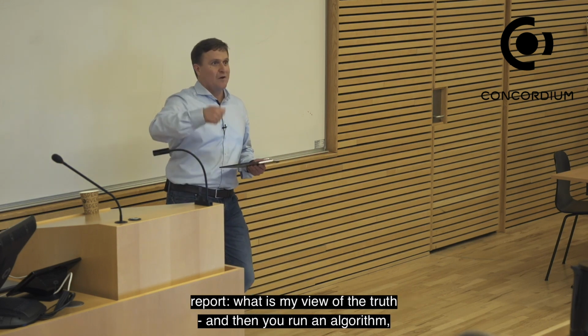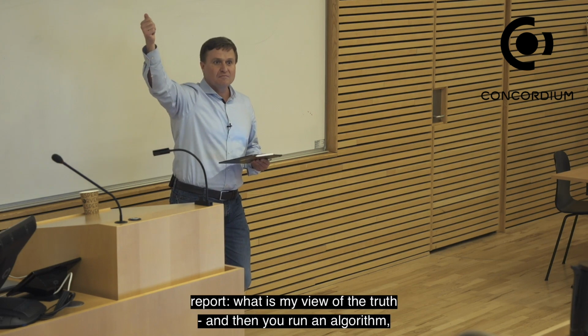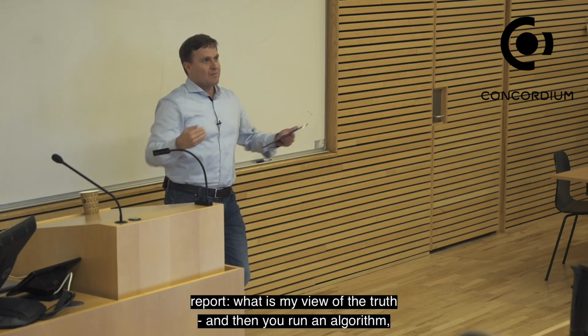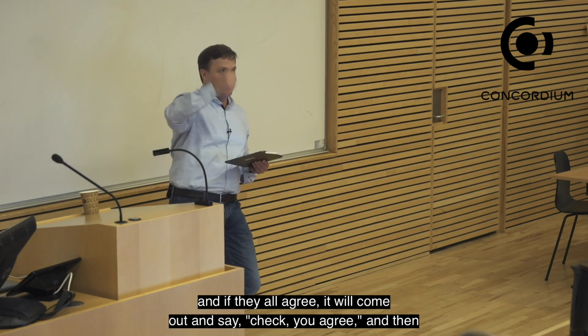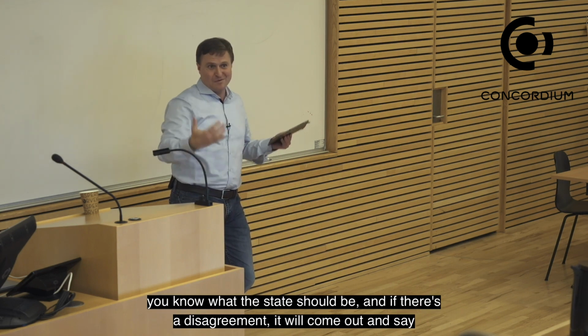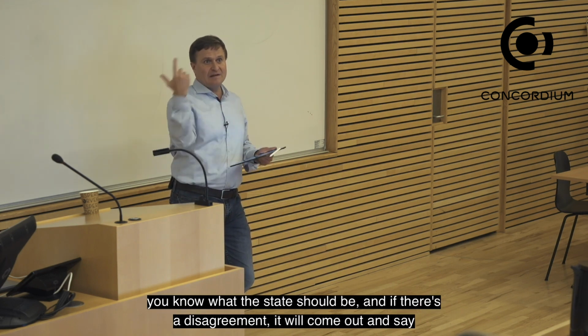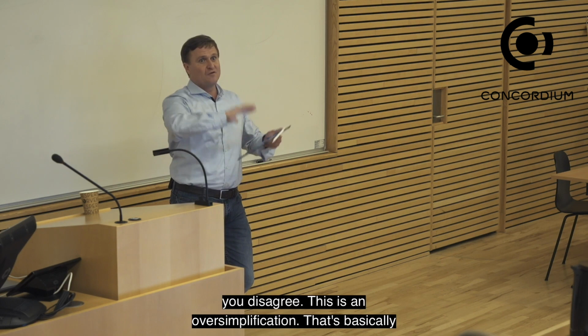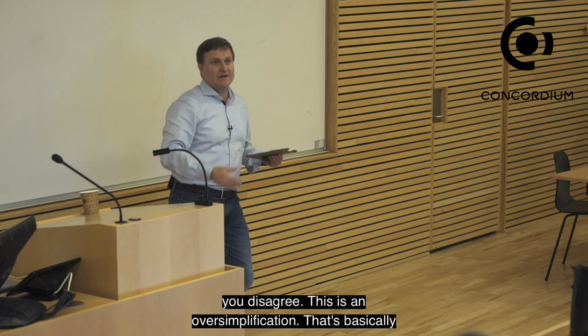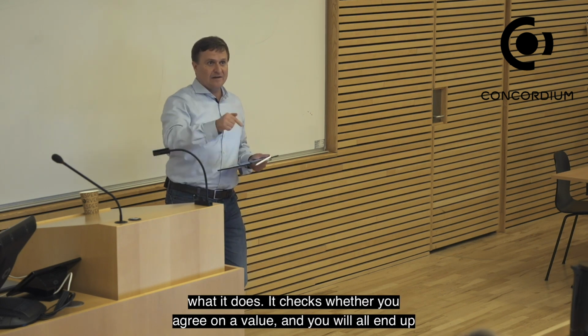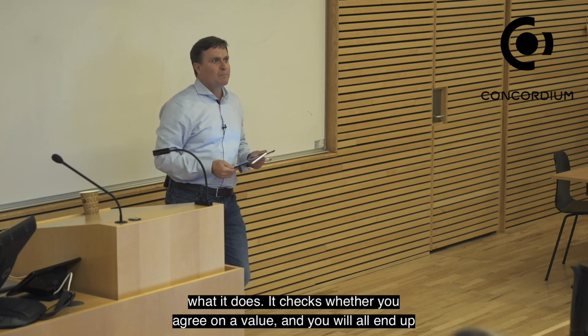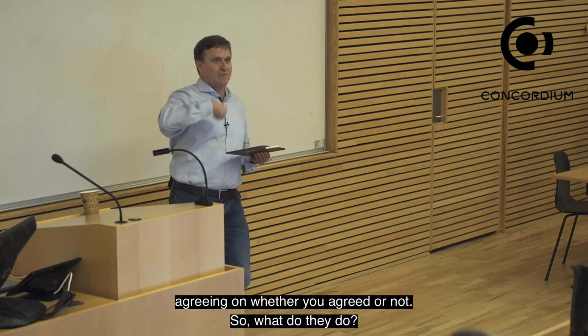Each of them reports what is my view of the truth. And then you run an algorithm, and if they all agree, it will come out and say, check, you agree, and then you know what the state should be. And if there's a disagreement, it will come out and say, you disagree. This is an oversimplification. That's basically what it does. It checks whether you agree on a value. And you will all end up agreeing on whether you agreed or not.